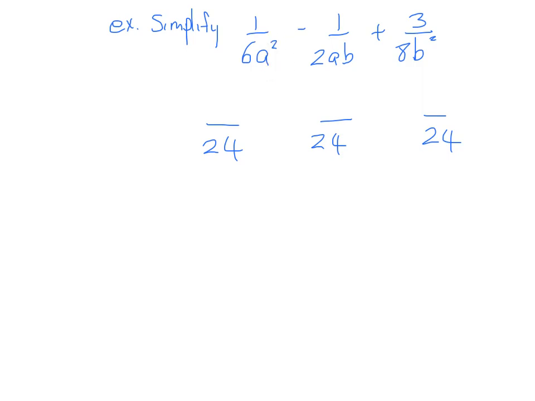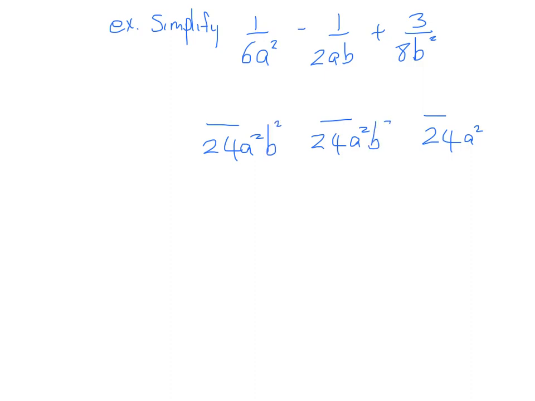It cannot be a, because a is not a multiple of a squared, but a squared is a multiple of a. So that's the common multiple for our a's. We can put that down: a squared. That's the lowest common multiple for the a's. So what's the lowest common multiple for the b's? If you said b squared, you are correct.